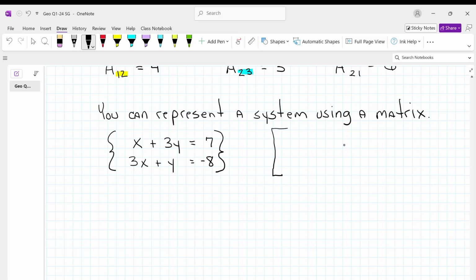We go bracket. Now, we're going to use the coefficients, the numbers in front of the variables only, and the constants. So we're going to write x plus 3y equals 7 as 1, 3, this vertical line represents the equal sign, and 7.